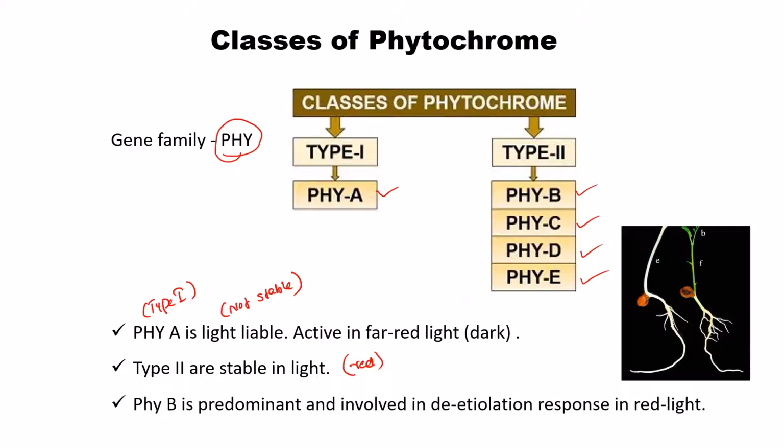Here in this picture you can see that this one is etiolated. Etiolation is the adaptation for growing in darkness. And de-etiolation means it's the process of greening when light is available. This is de-etiolated.